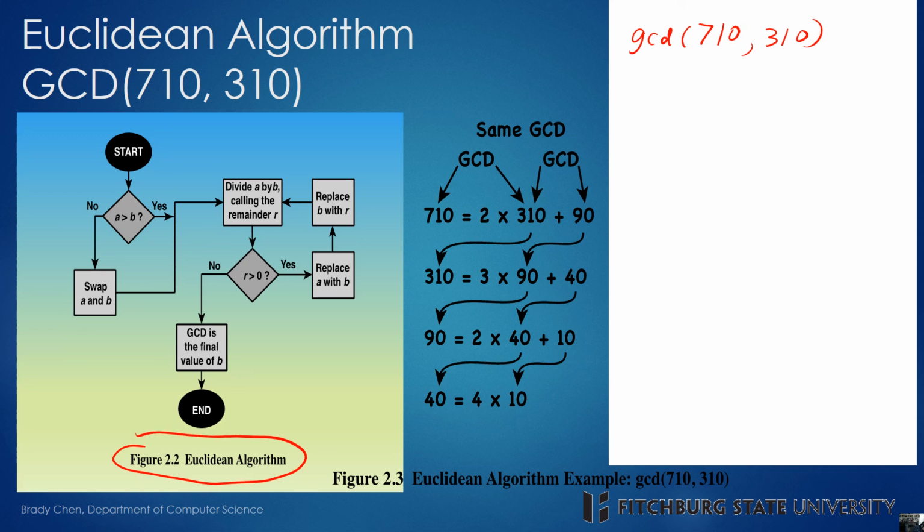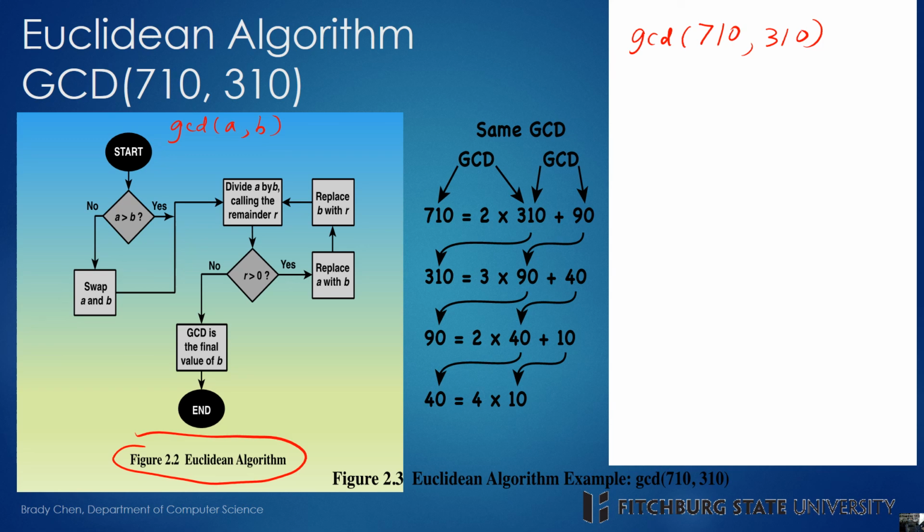Suppose that in general, we want to find the GCD of A and B. The first thing we need to do is switch the value of A and B. We first assume both A and B are positive, because if it's negative, we can turn it into a positive, and this doesn't change the result.